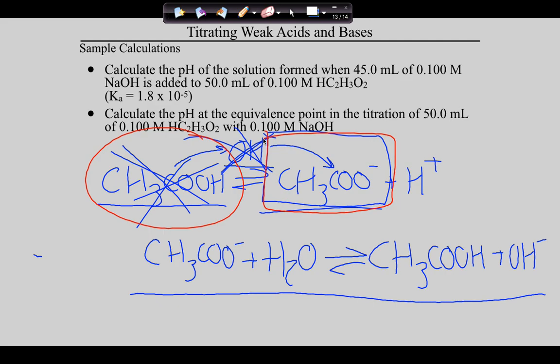Let's say that again, because that's the thing that makes this hard. How many moles of this did we start with? Because all of this has been converted into this, so we need to know how many moles of that we started with, and we already know how to figure that out because we know the volume, and we just go milliliters to liters and liters to moles.